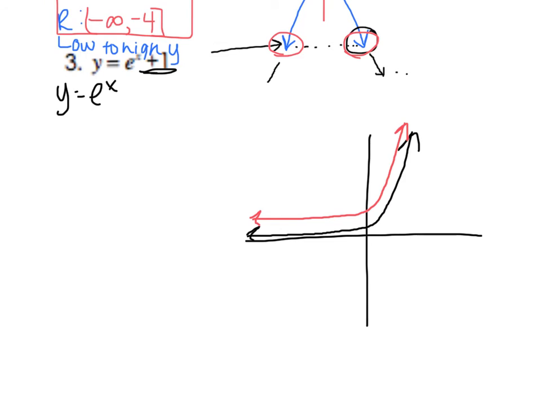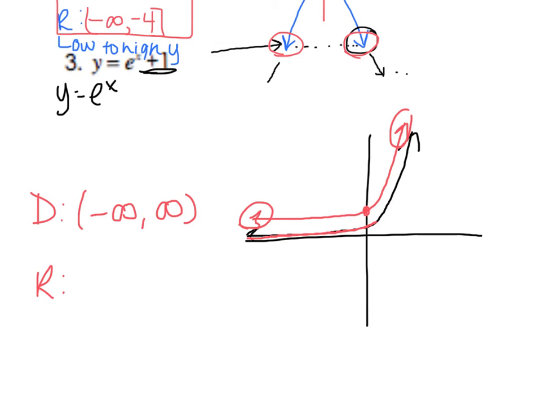Okay, so domain. The domain is negative infinity to positive infinity. There's an arrow going all the way to the left, and this arrow will go up and out forever and ever. Your range is going to be the bottom, the lowest point here. Remember that I shifted up 1. Originally the parent graph comes down and will get really close to 0 but never get there.